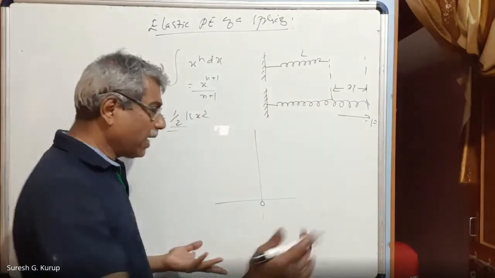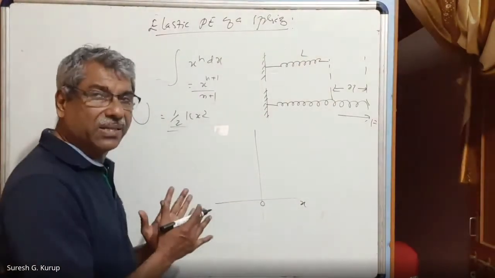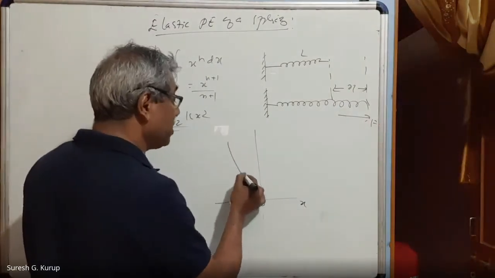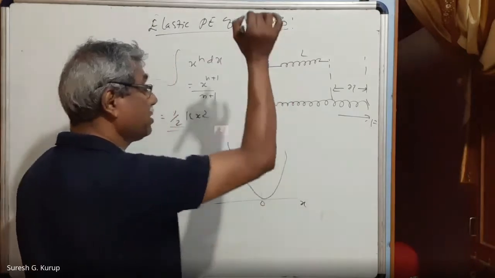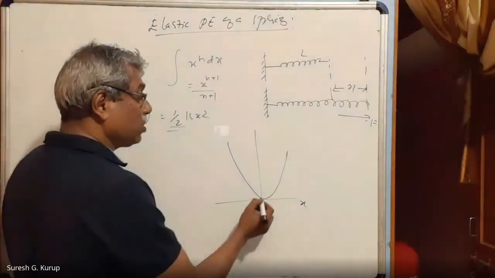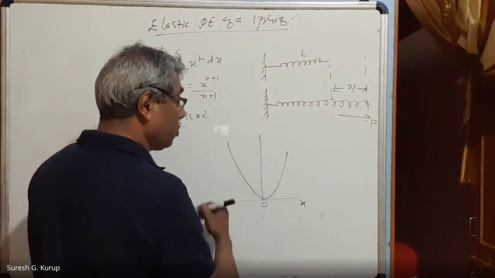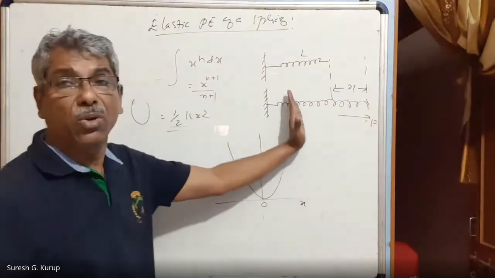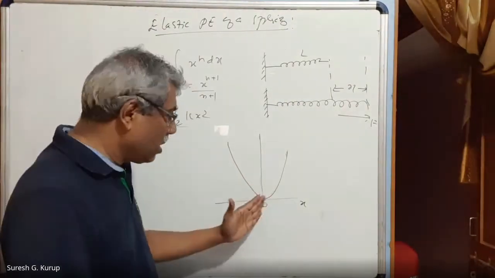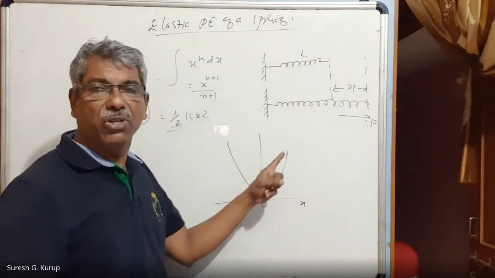When extension increases or decreases, I mean it's a compression or extension, in both cases the potential energy is increasing like this. That means in the equilibrium position, the potential energy is equal to 0. When it is extended, potential energy goes on increasing. Or when it is compressed, potential energy goes on increasing.